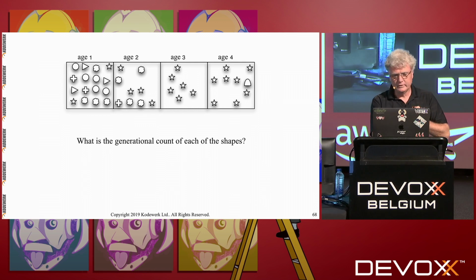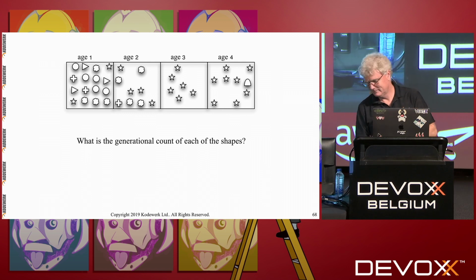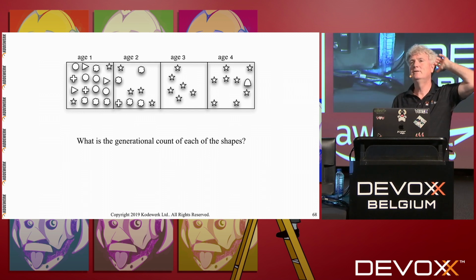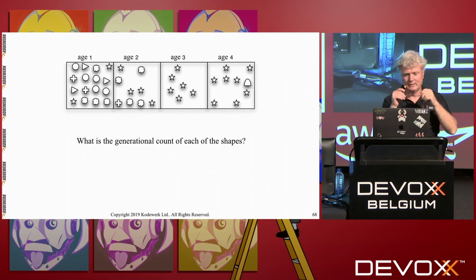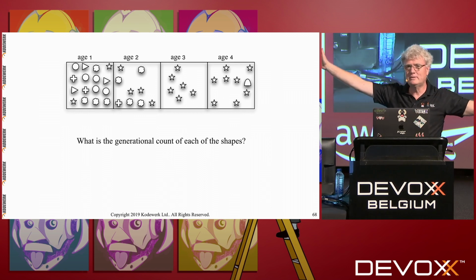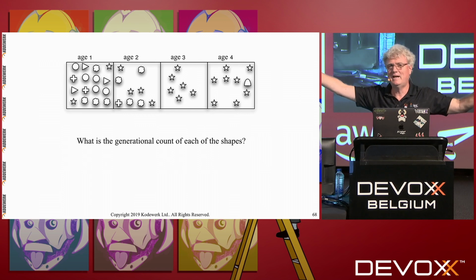What is the generational count of the cross? Shout it out. 2? Excellent. What is the generational count of the cloud? 2. Okay, everybody's getting more confident. Generational count of the circle? 1. The half circle, otherwise known as the half ellipse? 1.